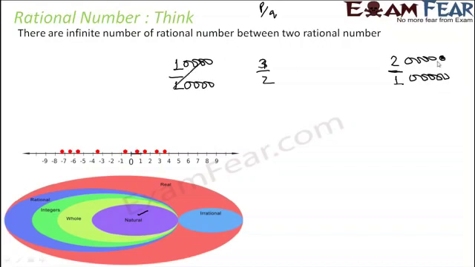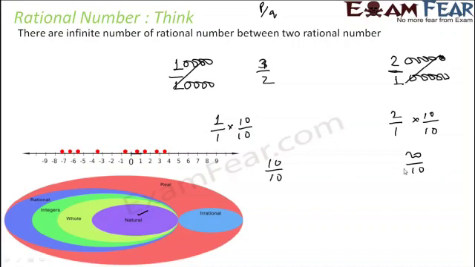Or let's write only 1 zero. This is 1 and this is 2. Let's multiply by 10/10 and this also by 10/10. So what you get here is 10/10 and what you get is 20/10. Now tell me how many numbers are there between 10/10 and 20/10. There are so many actually.